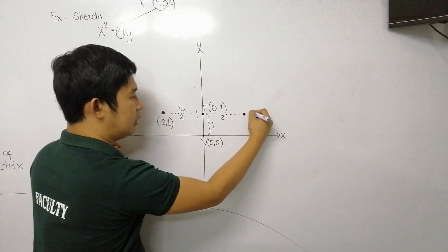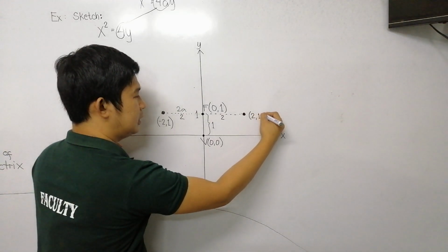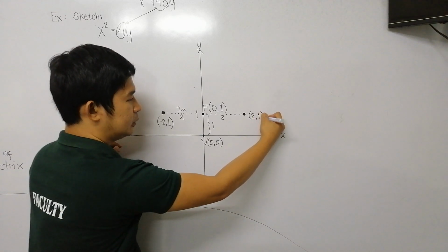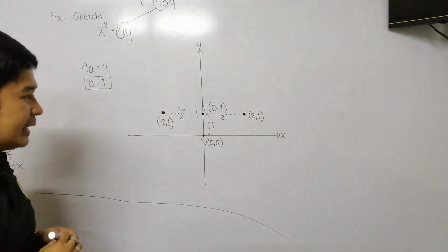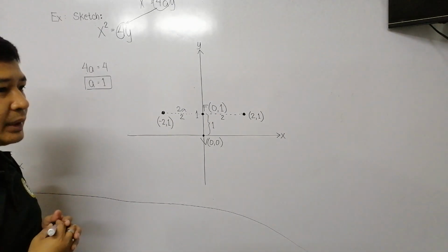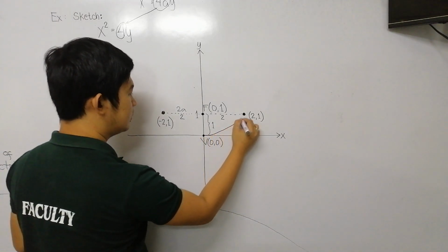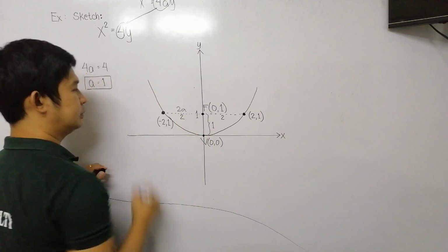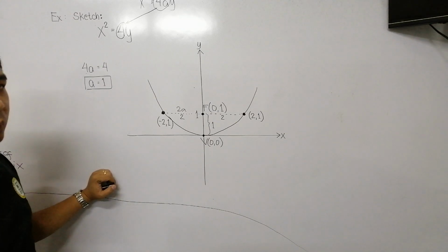So the coordinate now of this endpoint is 2, and again, retain 1. So these are now the 2 endpoints of the latus rectum. And by that, we can now construct the curve. Take note, yung curve natin wala dapat kanto. So curve siya. Let's say this one is our parabola that opens upward with focus at 0, 1.